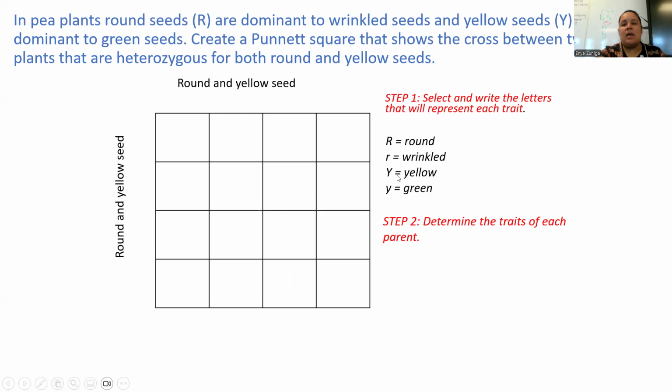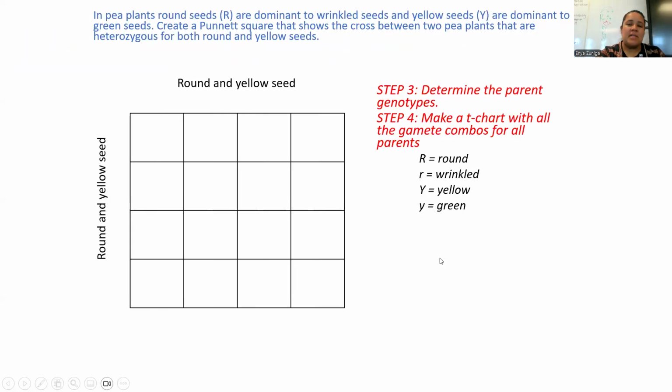So we look at the yellow, and that's coded by a capital Y. And if it's heterozygous yellow, that means that one is capital and one is lowercase, okay? If it says homozygous, then both are lowercase or both are capital.